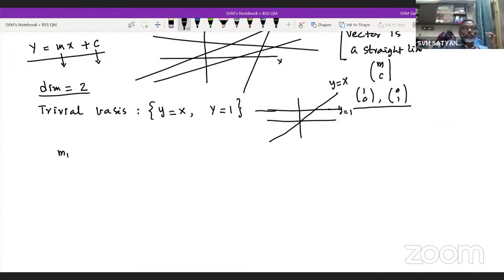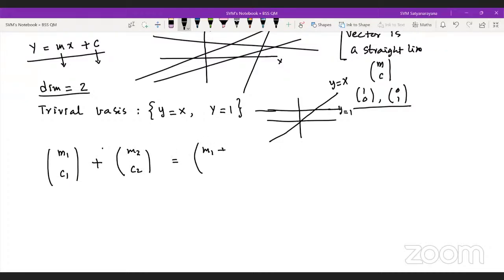One straight line is (m1, c1), another straight line is (m2, c2). What happens when I add them? I will get (m1 plus m2, c1 plus c2).